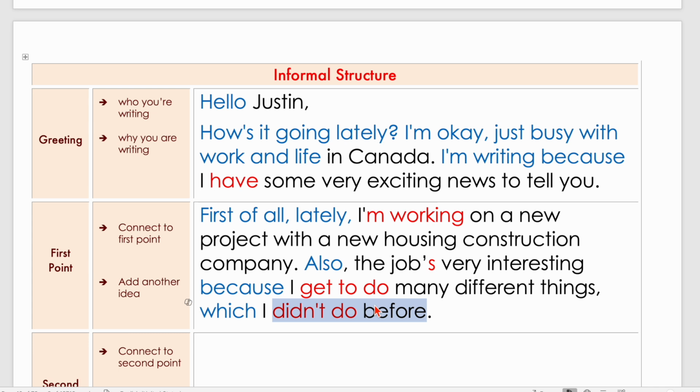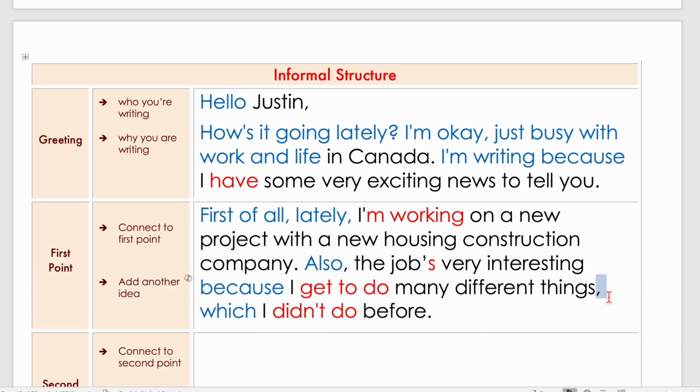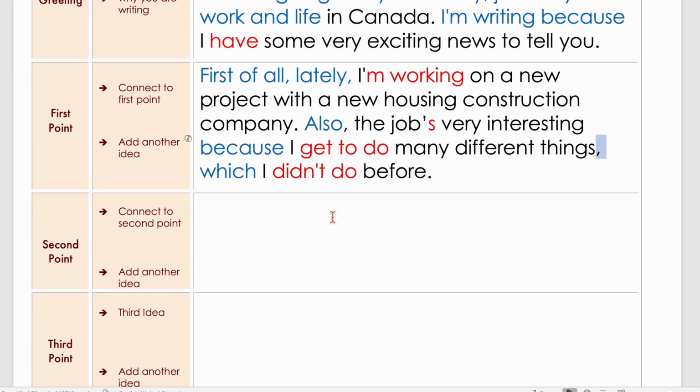Very good. Also, look very carefully. Commas, right? When we use good commas, we show we have good knowledge. Capital letters, periods, comma over here. So it's very important for structure. Let's get to our second point.